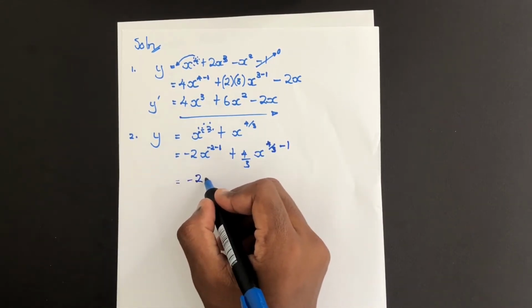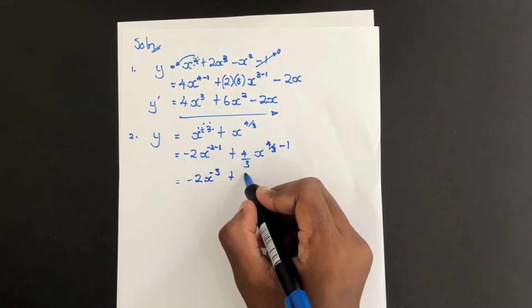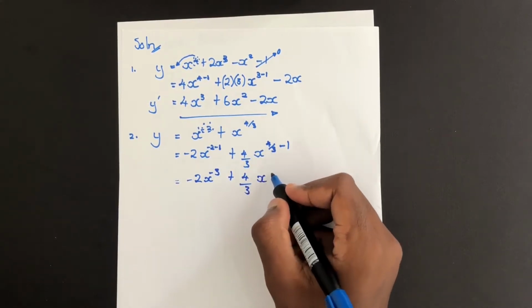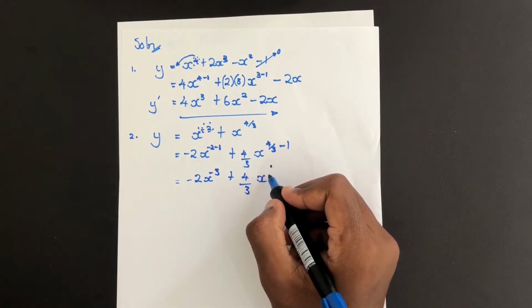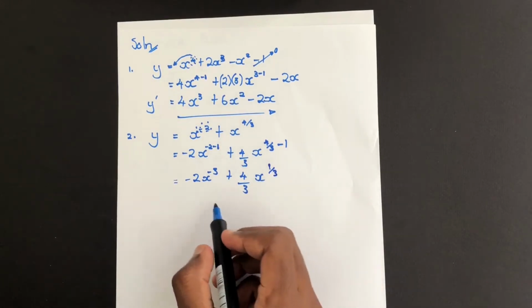After this, it's just simplification. Negative 2x to the power negative 3 plus 4 thirds x to the power 1 over 3. Then it's just done. So this is our final value.